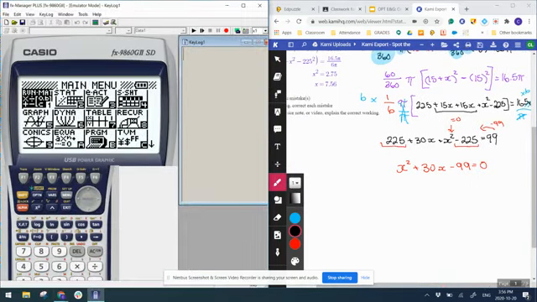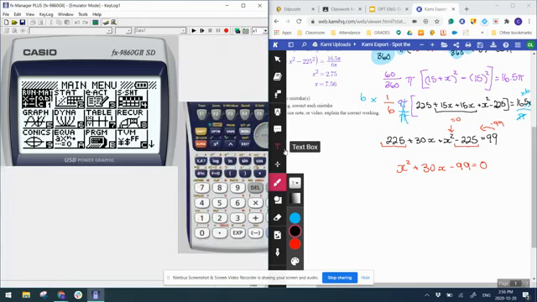So we have our calculator over here. We're going to go down to this equation. So we're going to go to A. Let's make the screen a little smaller here.